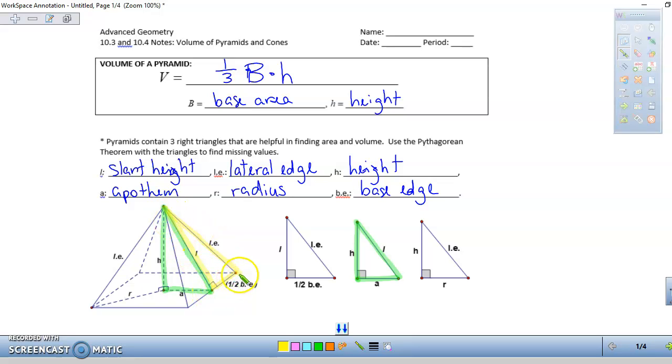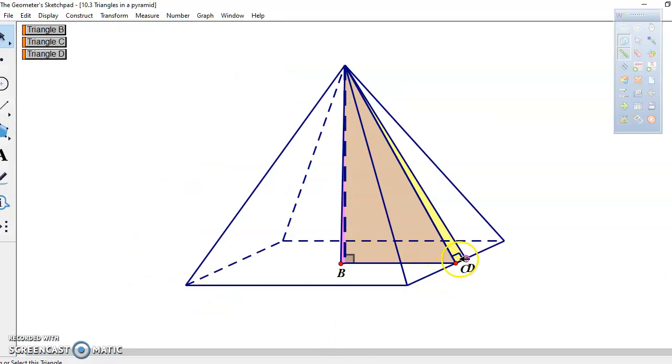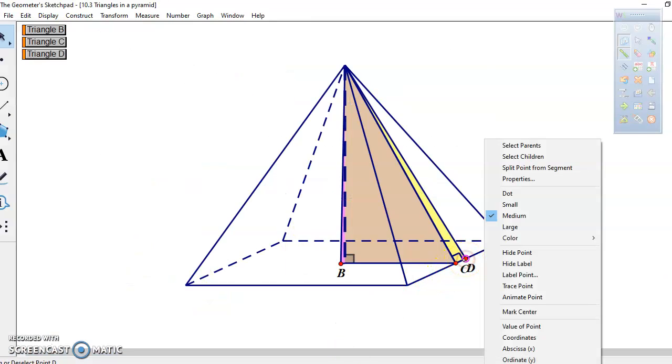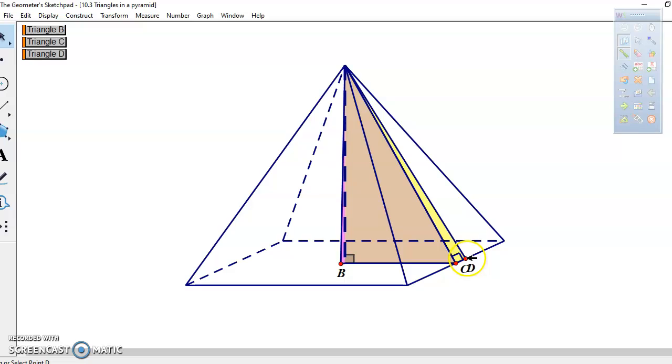So basically half of the lateral face is also going to be a right triangle. So that's this one right here. And again, in my other picture, I can drag this out and you can see it a little better. So right there, going along half the base edge to the lateral edge is another right triangle that you can use.